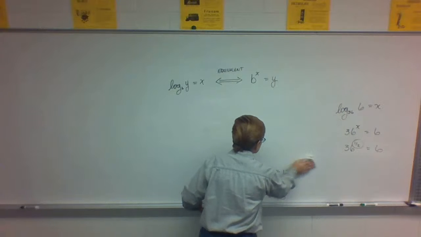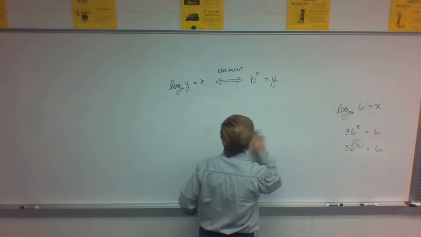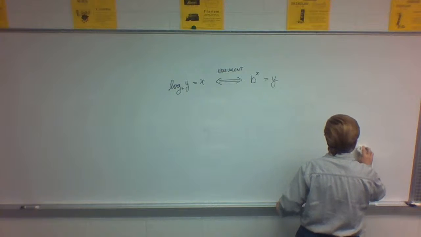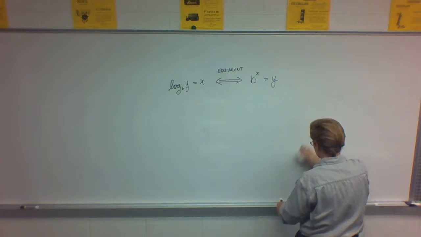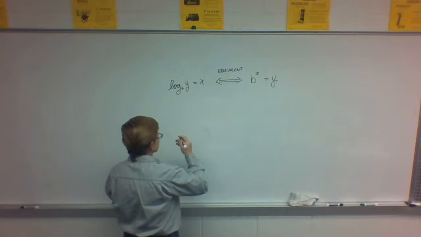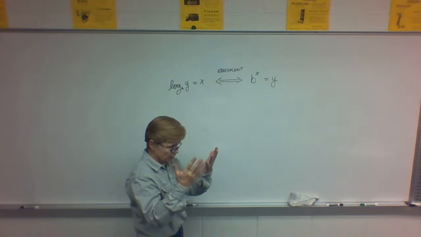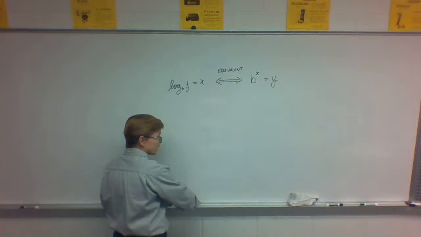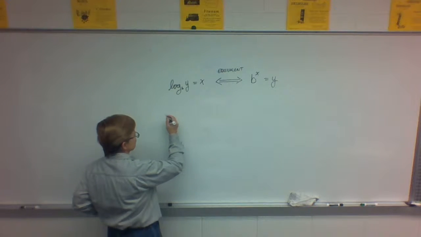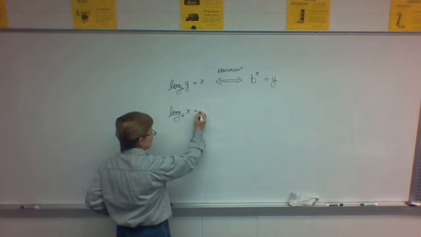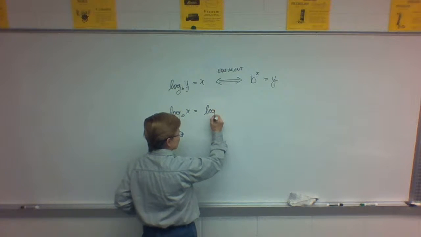There are 2 extremely important special logarithms, and they're so important and special that all scientific calculators have keys dedicated to these 2 logarithms. Log base 10, because we have 10 digits on the ends of our arms. We have a base 10 decimal system, so we have logs base 10 because of that. And the log base 10 of x is exactly the same thing as the log of x.